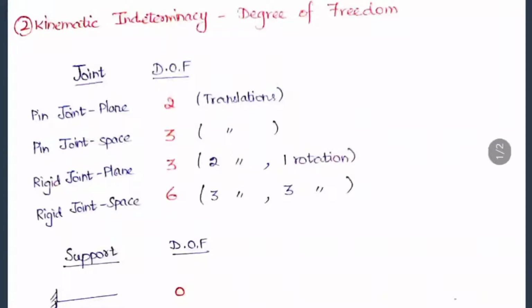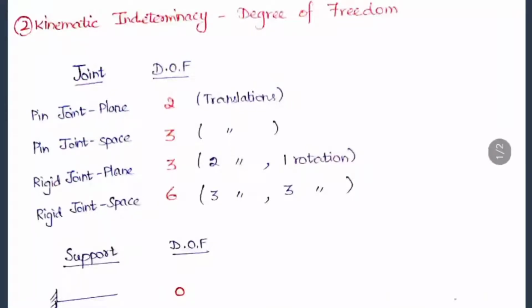Okay. So for a joint, first let us see. For a pin joint plane, it is two only, so only two directions of translation will be happening. In the pin joint space, translation happens in all three directions. And rigid joint plane means three degrees of freedom: two directions of translation and one rotation.